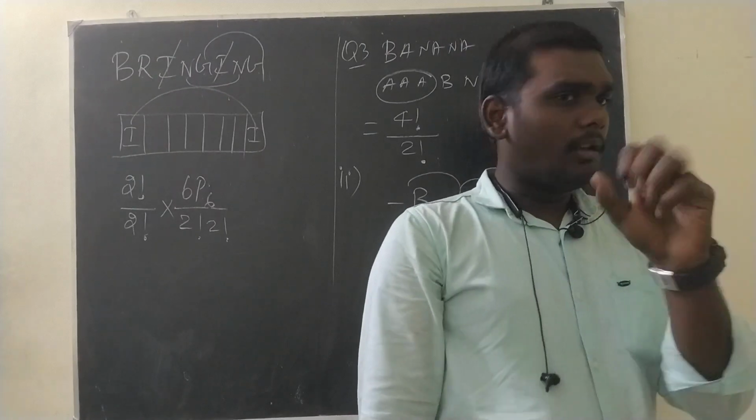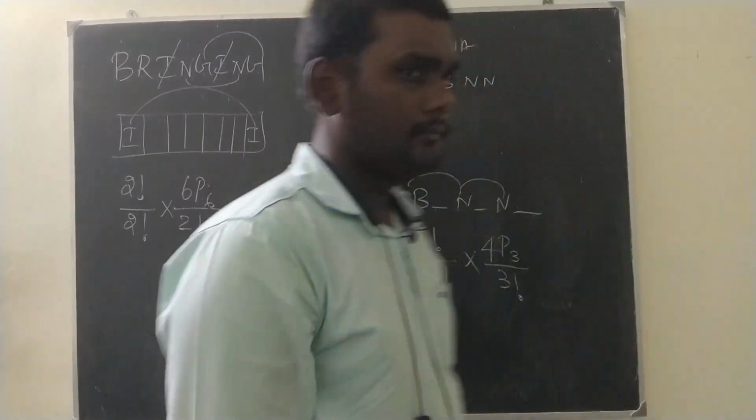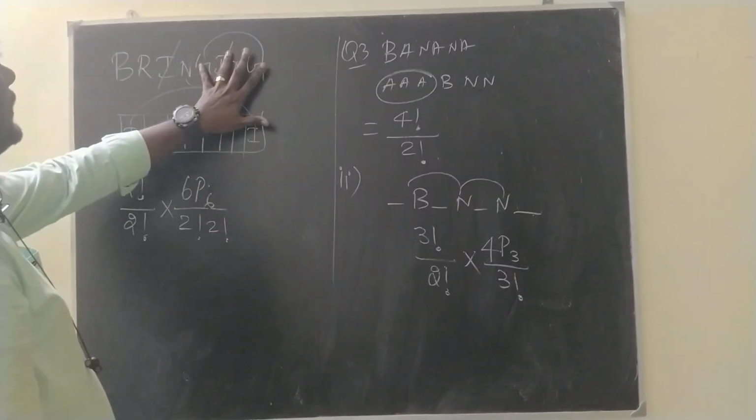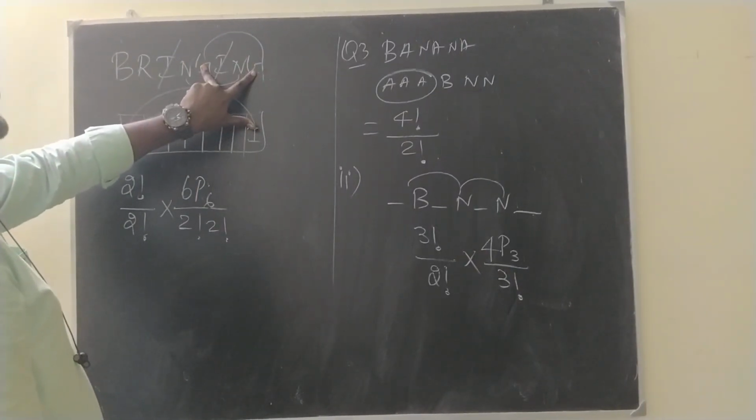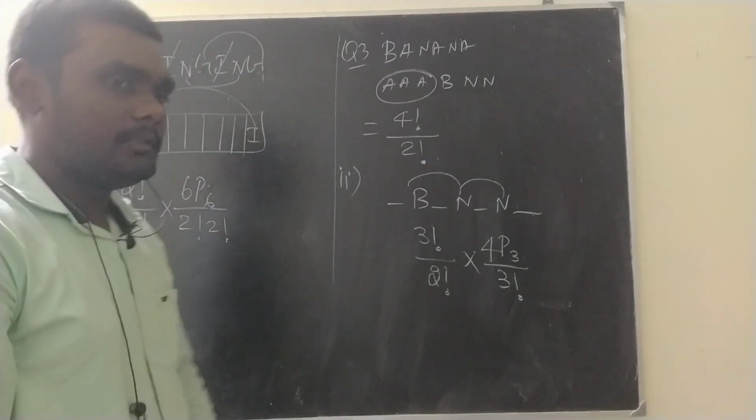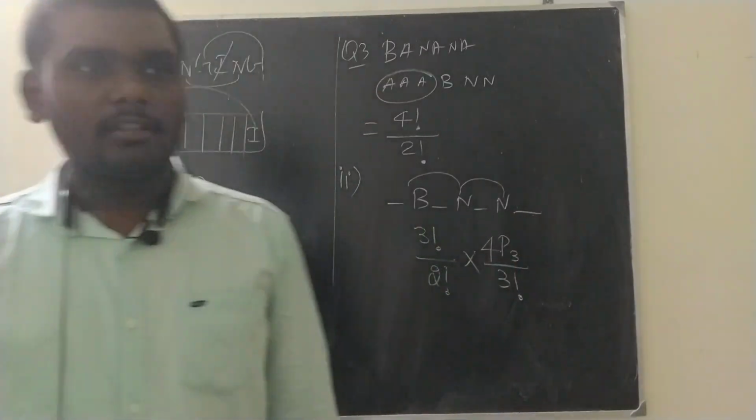That's all. You didn't include that G, right, except this G. Yes, 7 factorial by 2 factorial into 2 factorial. Perfect. Good. Shall I move to the next concept?